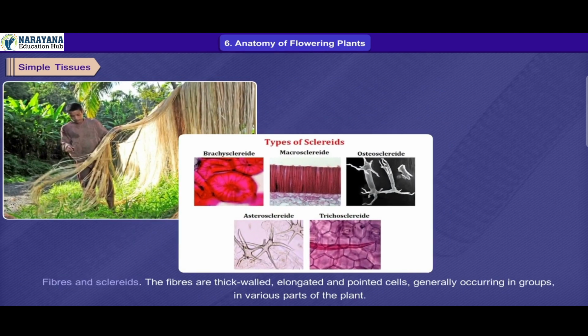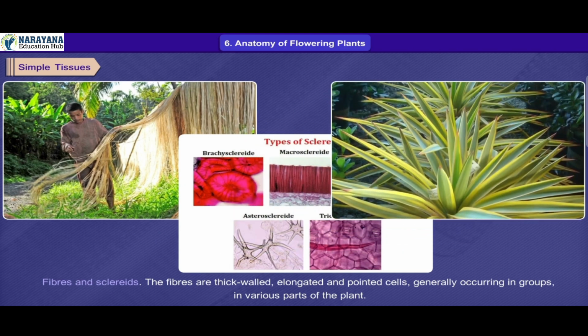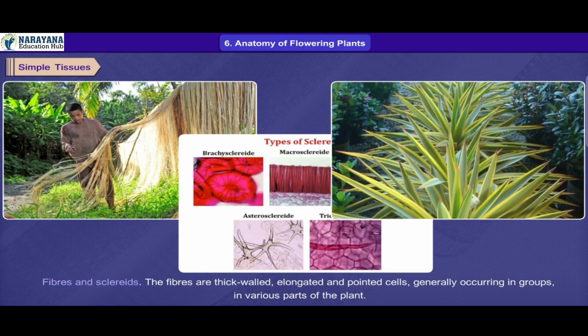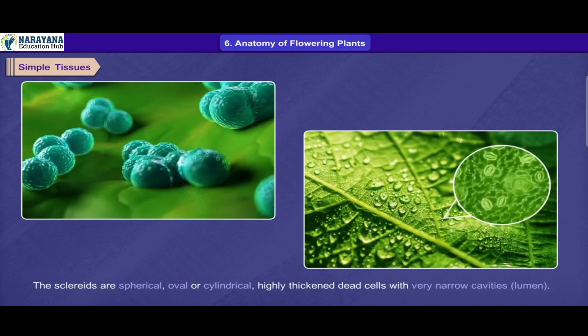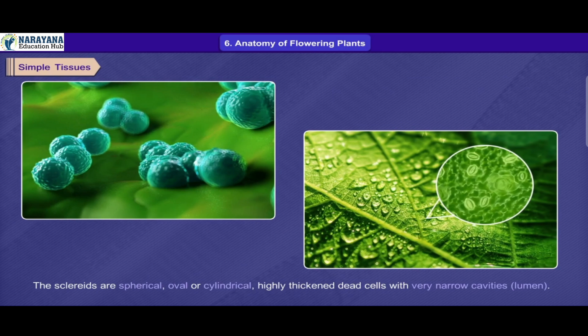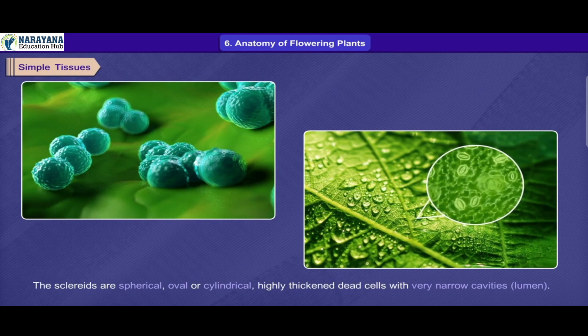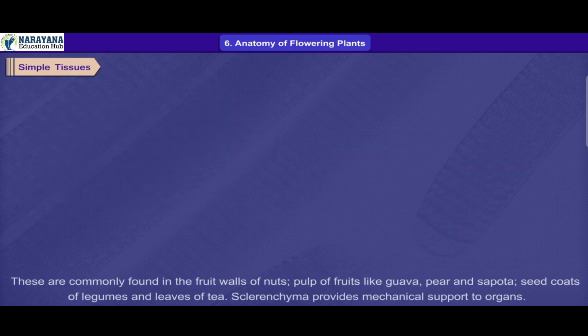The fibers are thick-walled, elongated, and pointed cells, generally occurring in groups in various parts of the plant. The sclereids are spherical, oval, or cylindrical, highly thickened dead cells with very narrow cavities, that is, lumen.